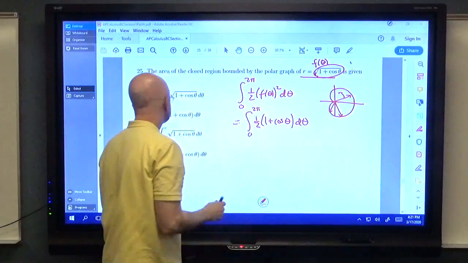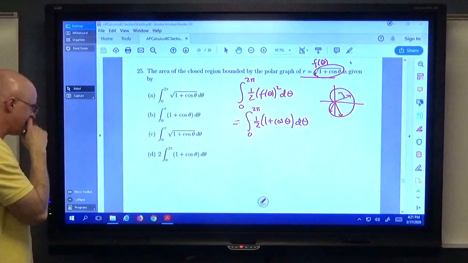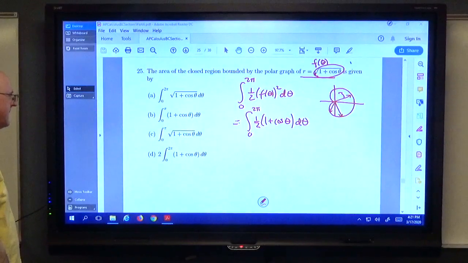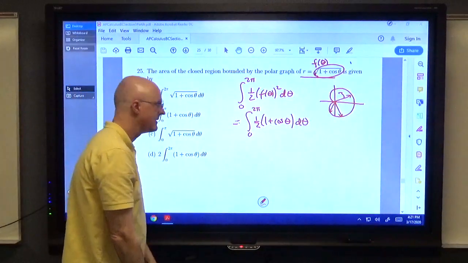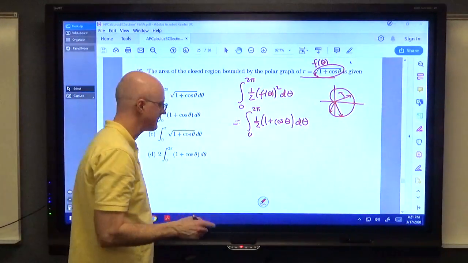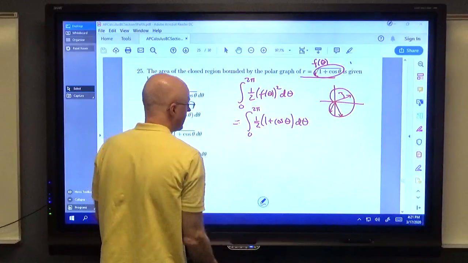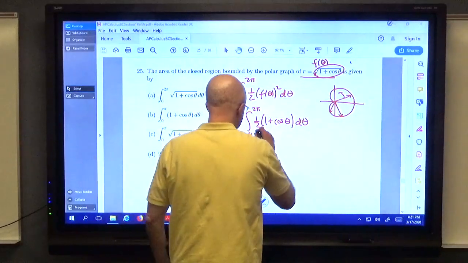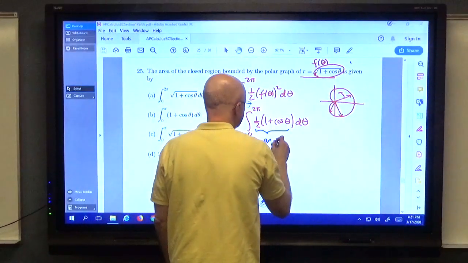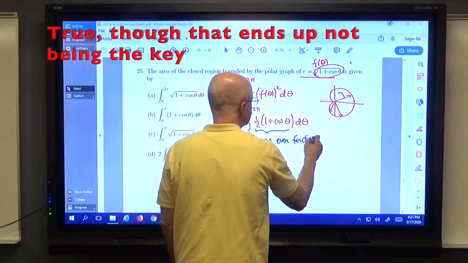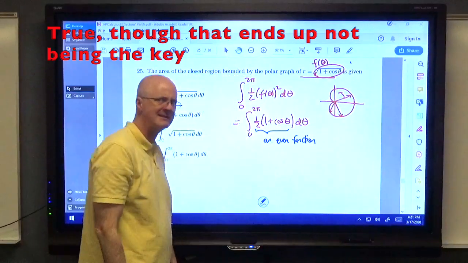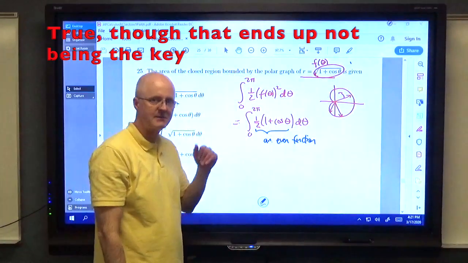But then our heart sinks as we look at the answers and say, hey, none of those is the right answer, it seems like. Take a deep breath. Maybe they're testing something else here. And they are. This thing right here is an even function. Now you might ask, what does an even function mean in polar coordinates? There's some symmetry involved.